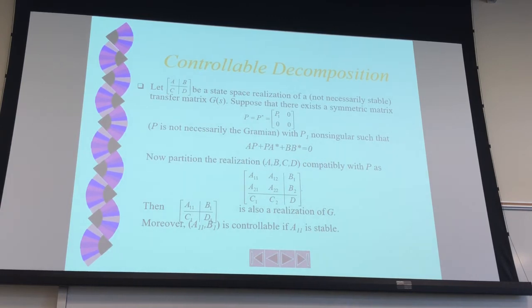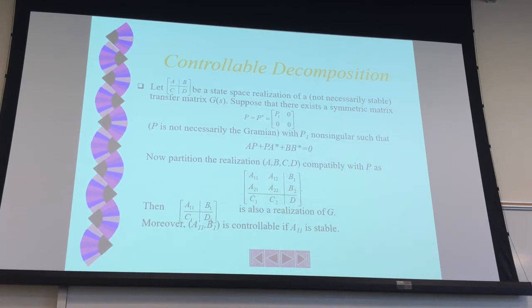You do a partition, and then A11, B1, C1, D is a realization of G. A11, B1 is controllable if A11 is stable.